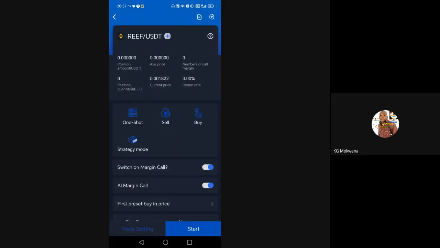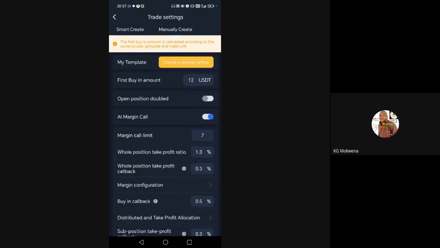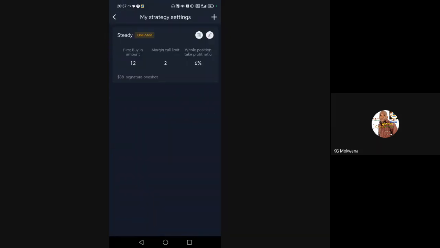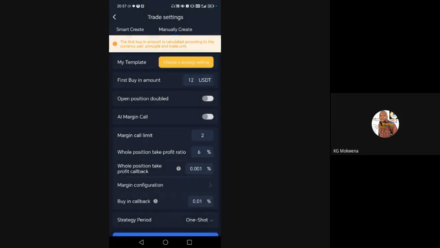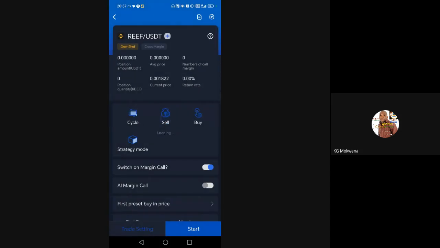Good. And now click on trade setting at the bottom left. We'll go into that template that we created earlier. Click on manually create on top there. And then click on the yellow area. You see? Template. You are choosing now. Now select this one. It will be selected. At the bottom, click save. And then confirm.